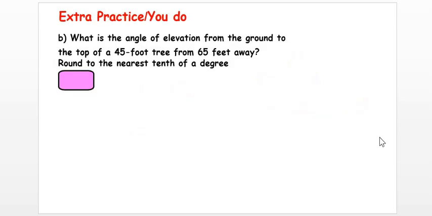It says, what is the angle of elevation from the ground to the top of a 45 foot tree from 65 feet away? Round the answer to the nearest tenth of a degree. How will you draw the diagram? Whenever you have a word problem and the diagram is not given, try to make the diagram.